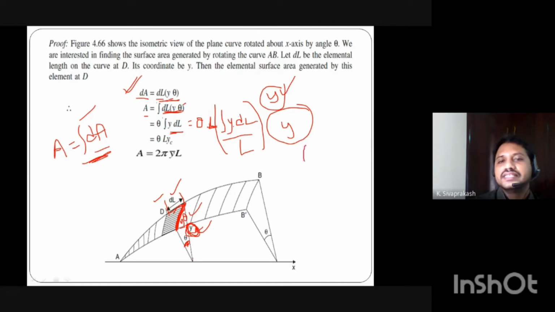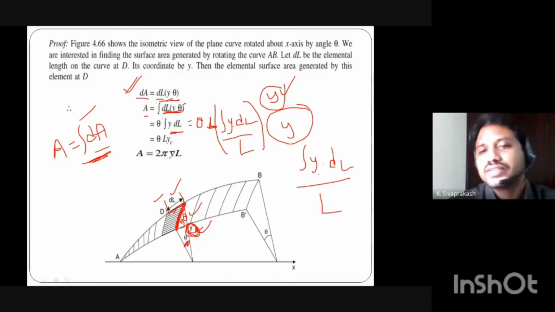Integration y into dl means you are multiplying the small element with distance, so that is the first moment of length. First moment of length divided by total length will give the centroid position of the entire curve. The centroid position of the entire curve is represented with the y bar.